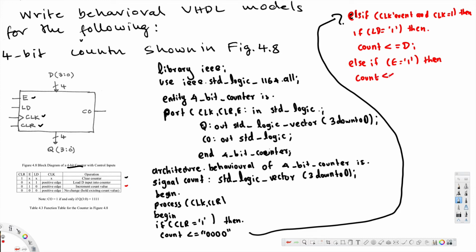Count plus 0001. Else, if it's not satisfied any conditions, there's no change, so we put null for that.